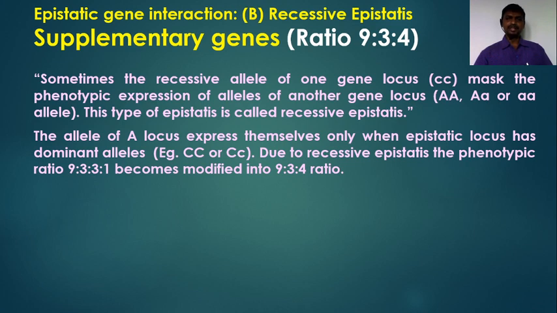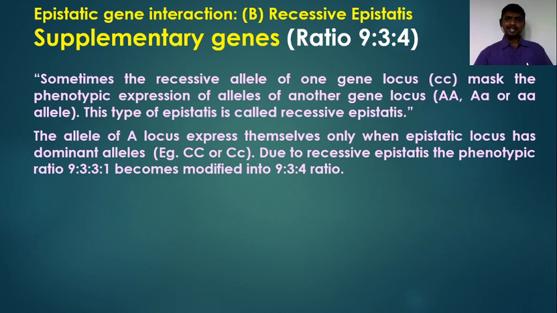So what happens in this case? There are two genes, one is C and another one is A. If this C gene is recessive, means it is small c, it masks the phenotypic expression of alleles of another gene, that is capital A, capital A small a, or small a small a.